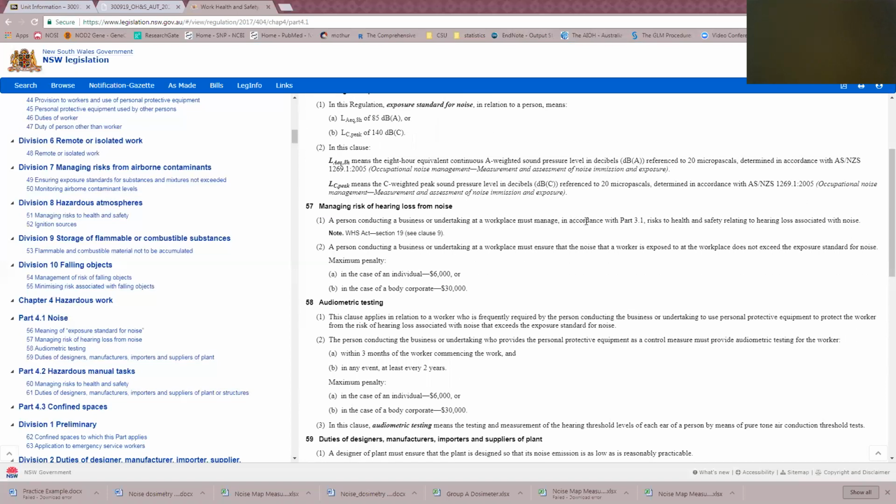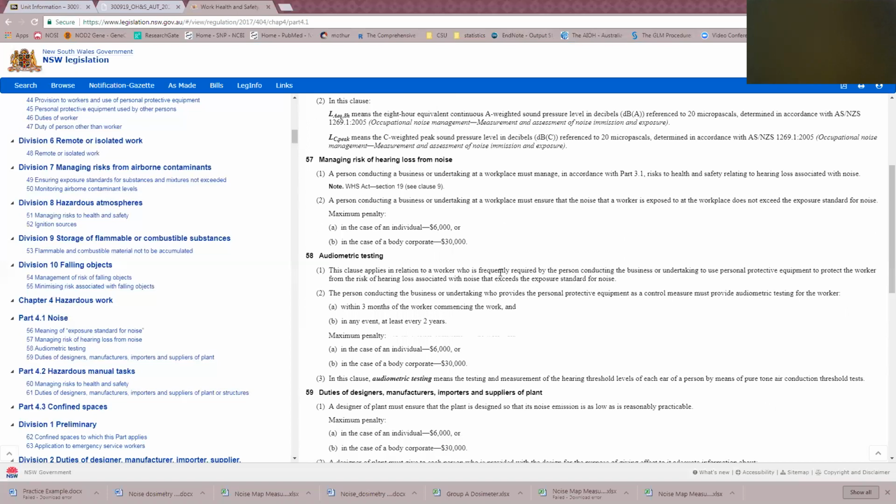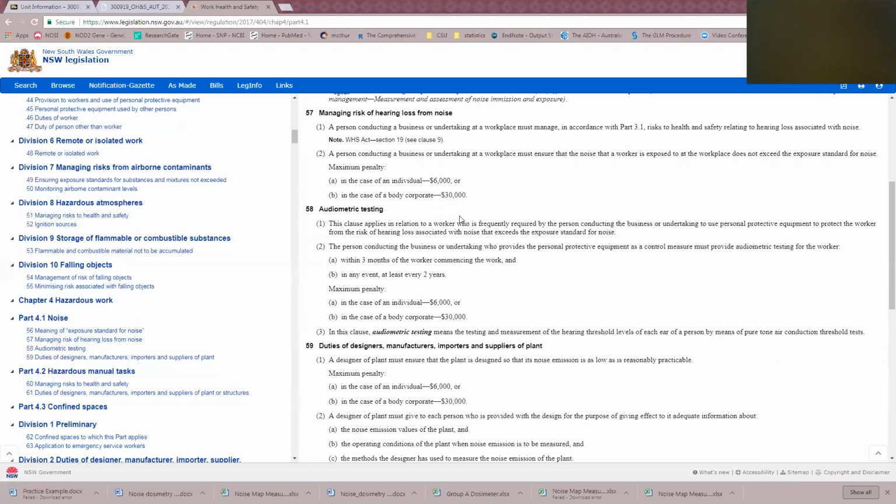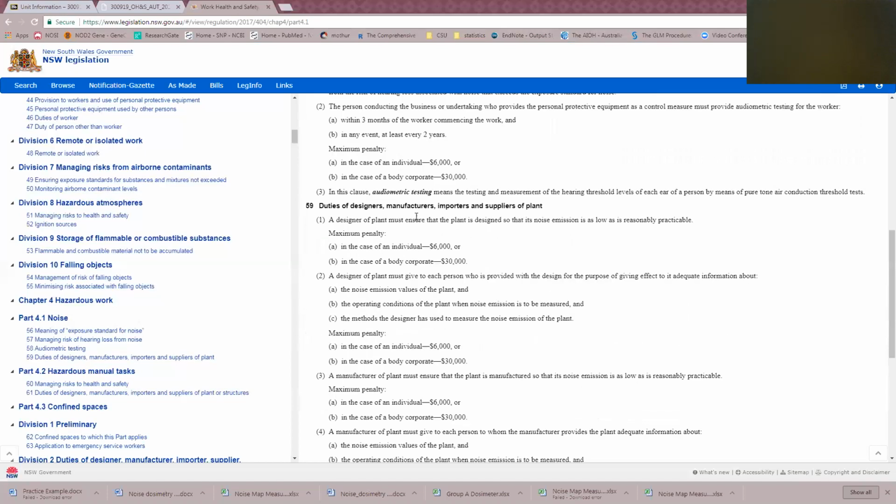Here is the legislation relating to the fines where a workplace is in breach. It also covers audiometric testing where there's exposure of over 85 dBA. It's recommended that audiometric testing is brought in. Here are the duties of designers, manufacturers, importers and suppliers of plant.